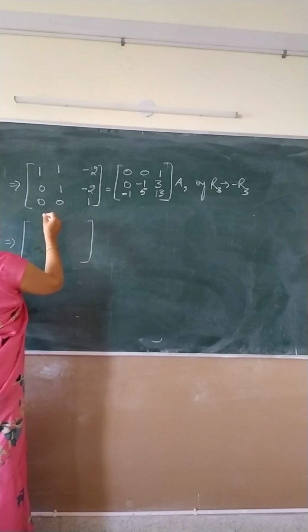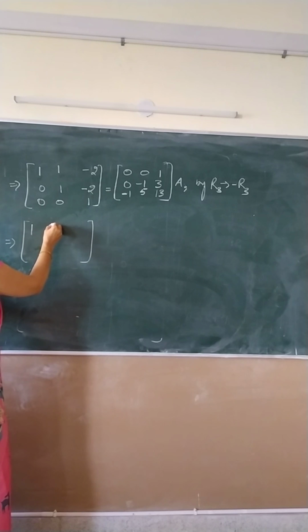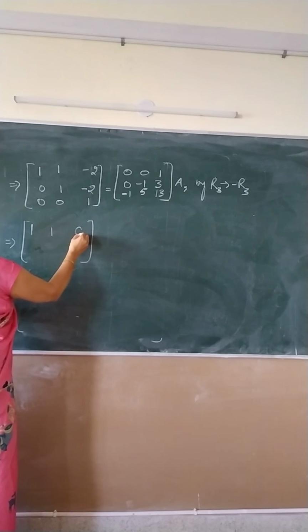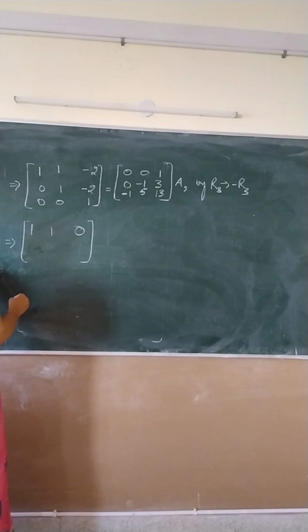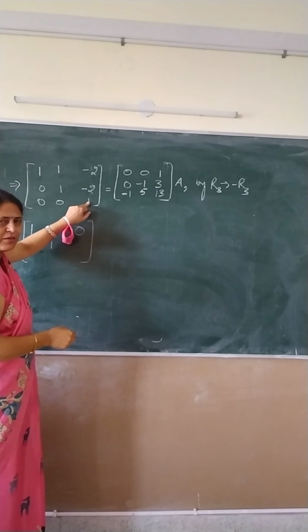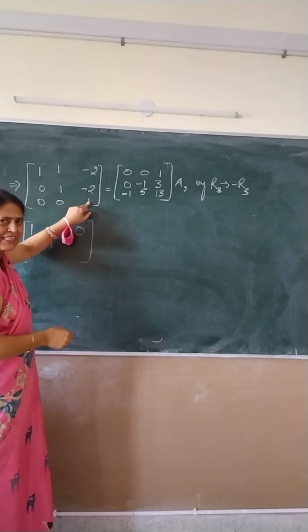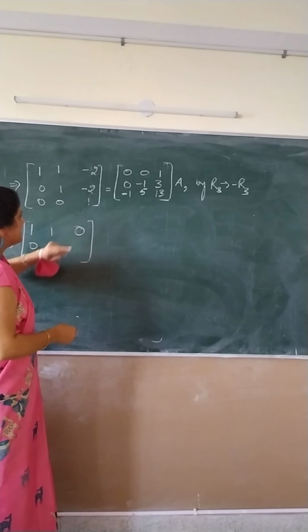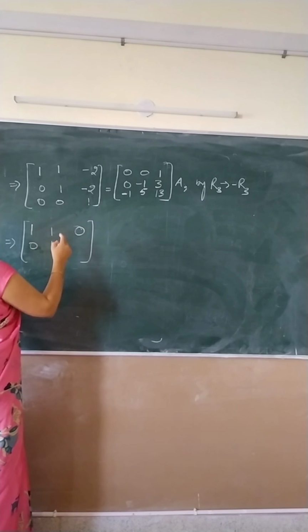Make this 0, 1, 1 and this is 0. Apply an operation over here which minus 2 plus 2. R2 plus 3R3. This is second row. We are making not this one but this one 0.